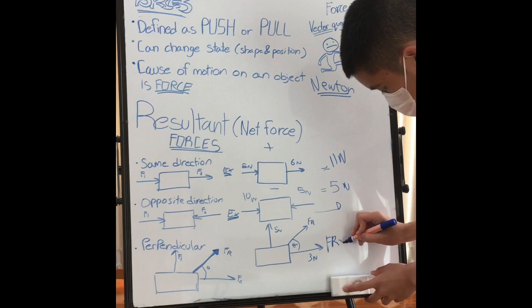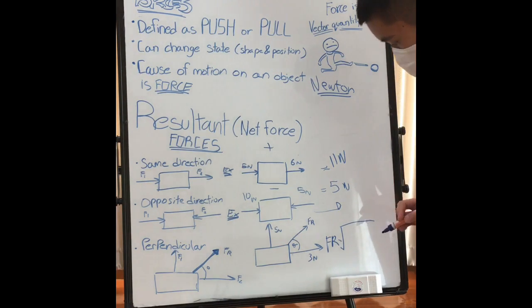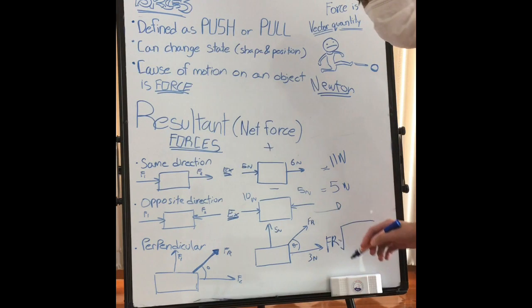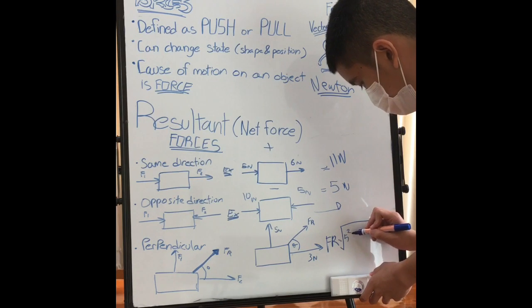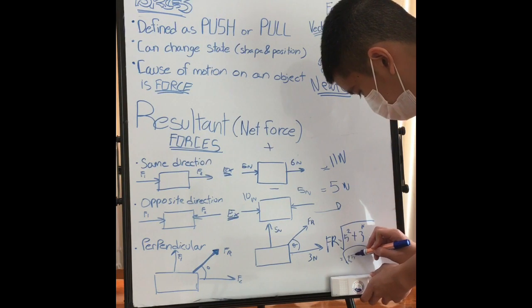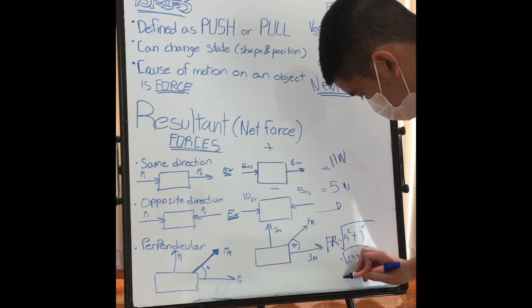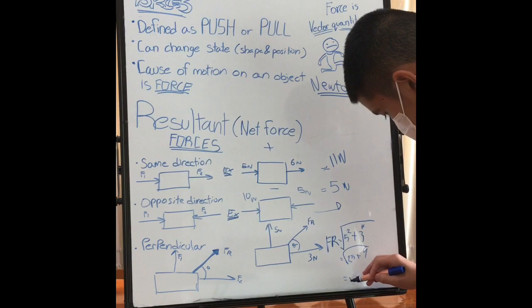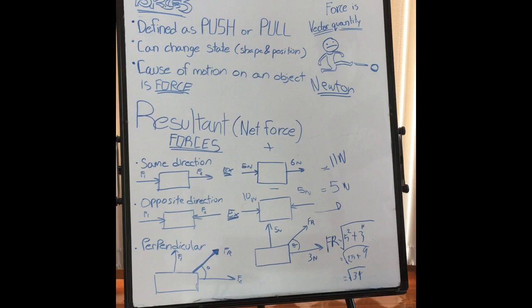Resultant force equals root of F1 squared plus F2 squared. My example is 5 squared plus 3 squared. So we get 25 plus 9, so it's root 34. So that is basically dynamics.